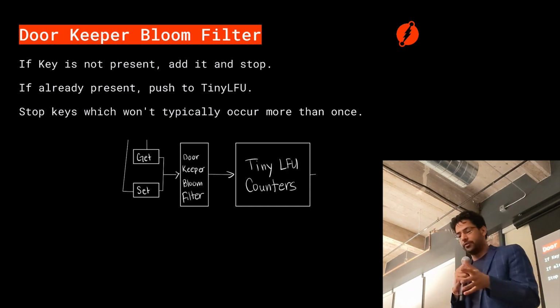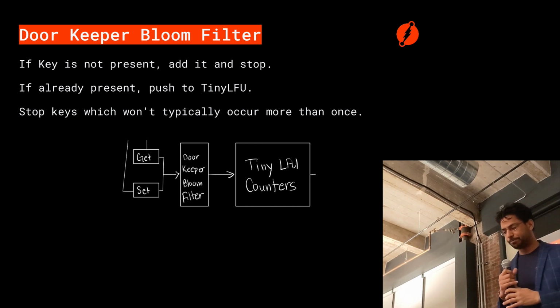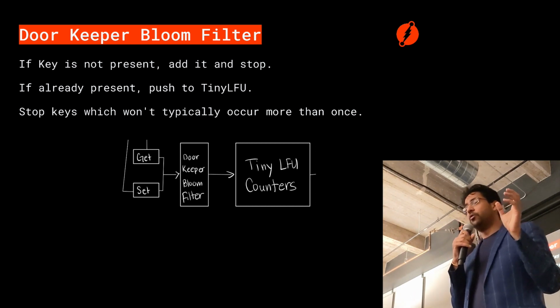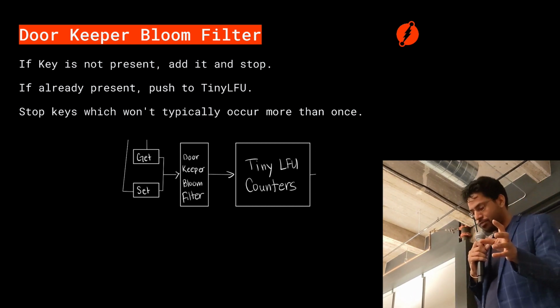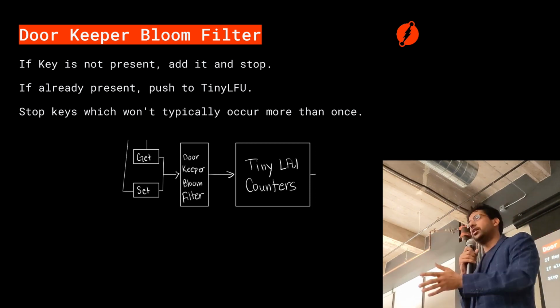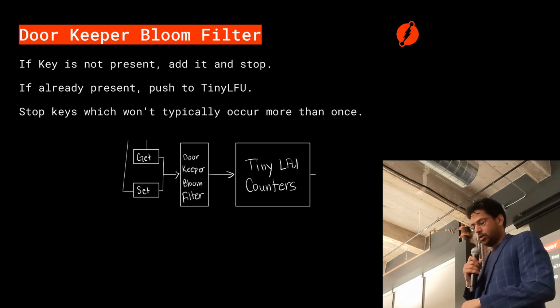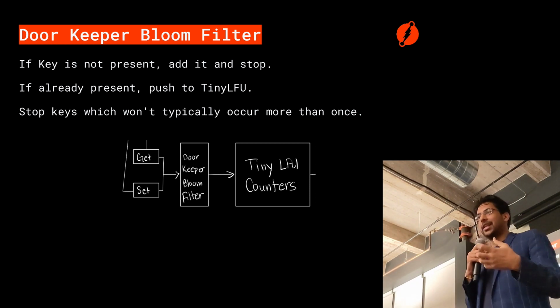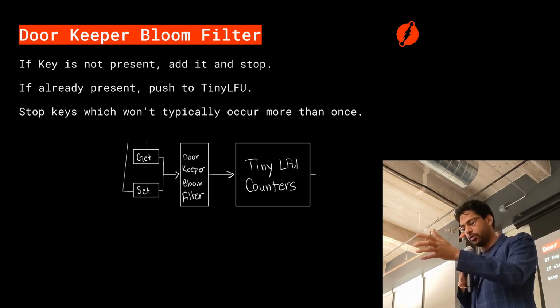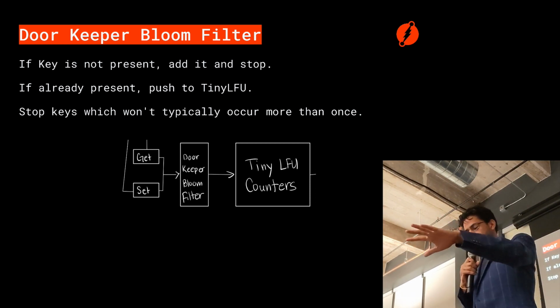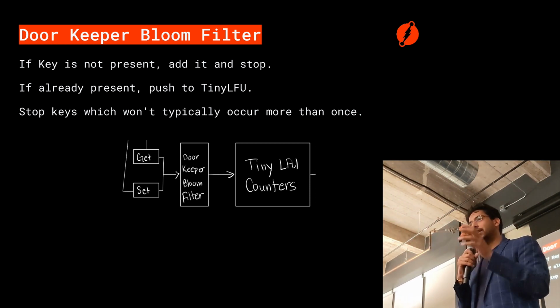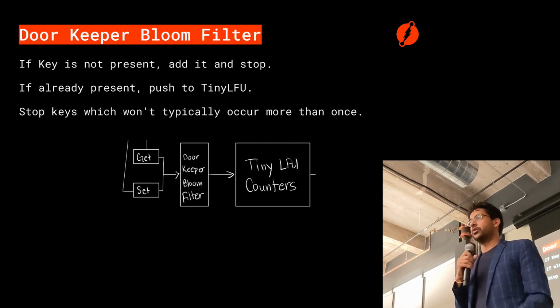In front of tiny LFU, Ristretto uses a bloom filter, and if the bloom filter is not already set, the key does not reach tiny LFU. It will only set the bloom filter. This way, the filter acts like a doorkeeper to tiny LFU to avoid a long tail of singly accessed keys from polluting the counters.